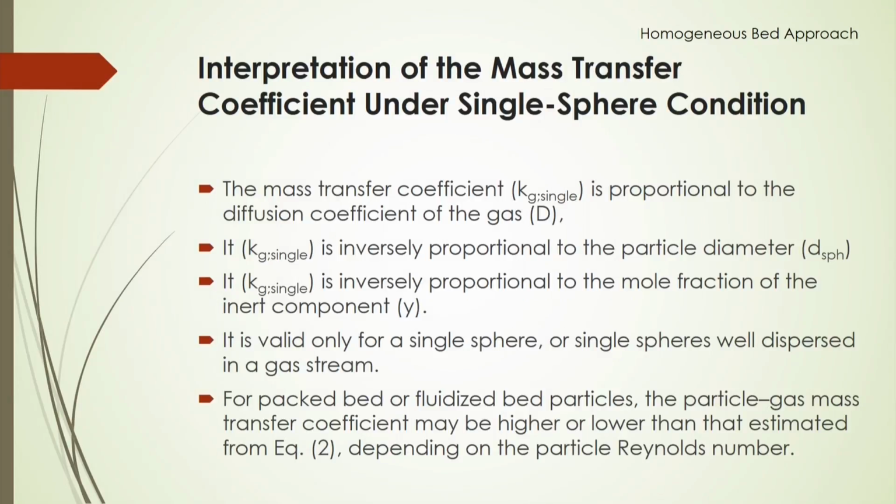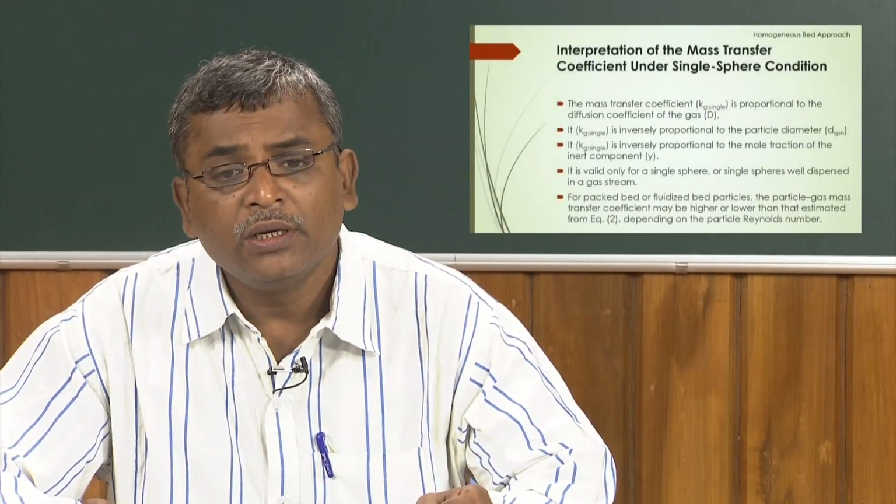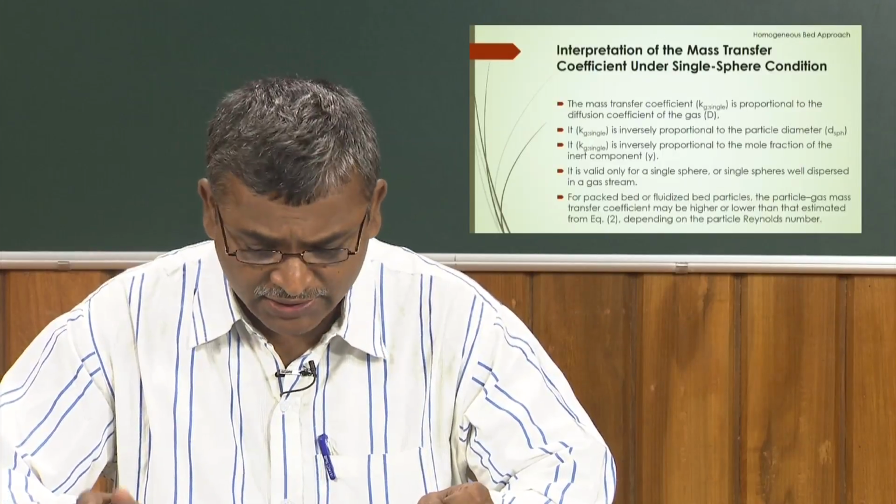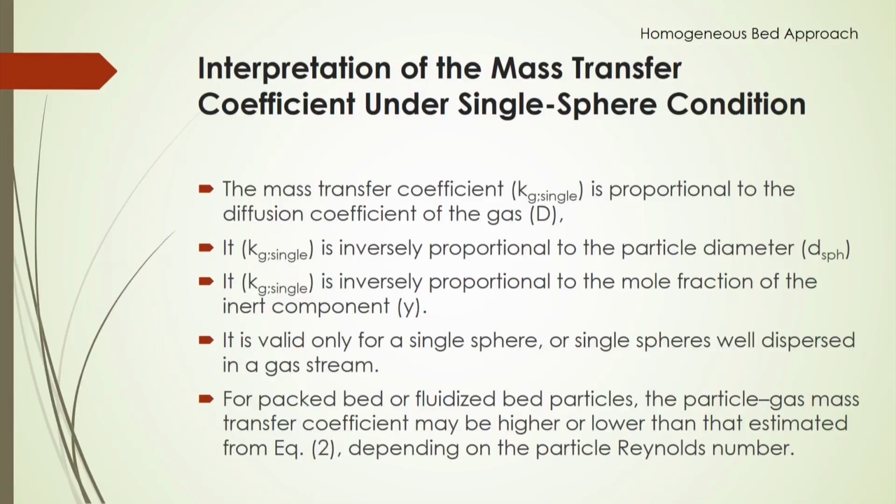Now, the mass transfer coefficient for the single particle in the fluidized bed is proportional to the diffusion coefficient of the gas D. That means if the diffusion coefficient of the gas increases, then the mass transfer coefficient from the particle to the gas will increase. And if the particle diameter increases, then the mass transfer coefficient of the single particle will decrease.